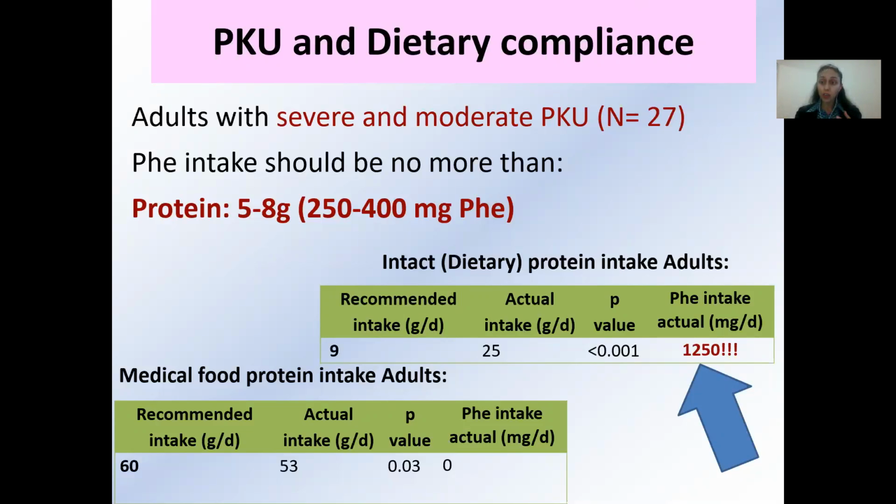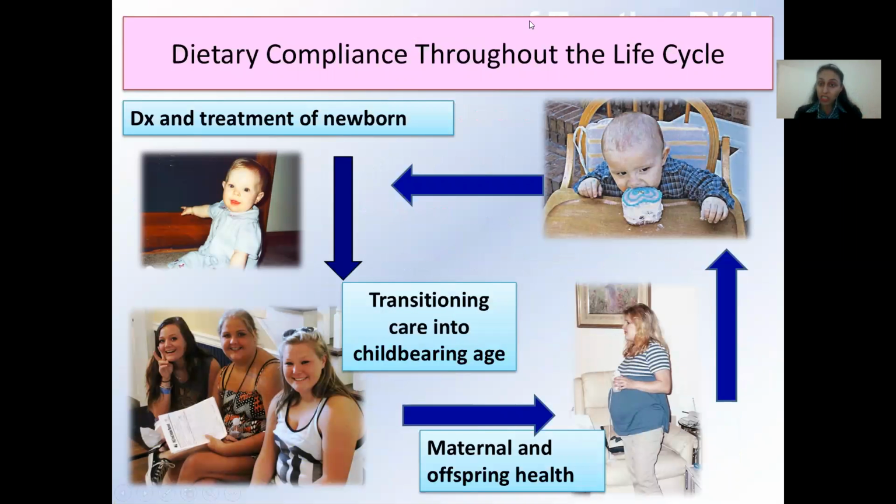Therefore, a dietitian's role revolves across the lifespan for a PKU patient, right from the infant being diagnosed with PKU, then going on to childbearing age, and then moving towards pregnancy and lactation. You need to maintain blood levels of individuals throughout their lifespan to have at the end not just favorable outcomes for the mother or for the population, but also in the future offspring.